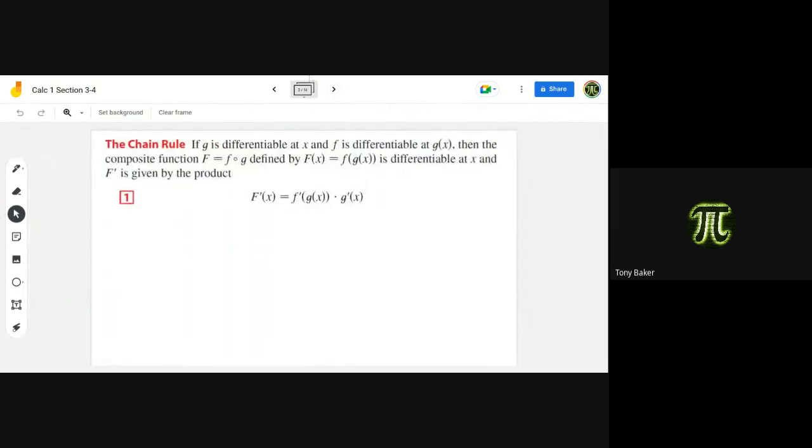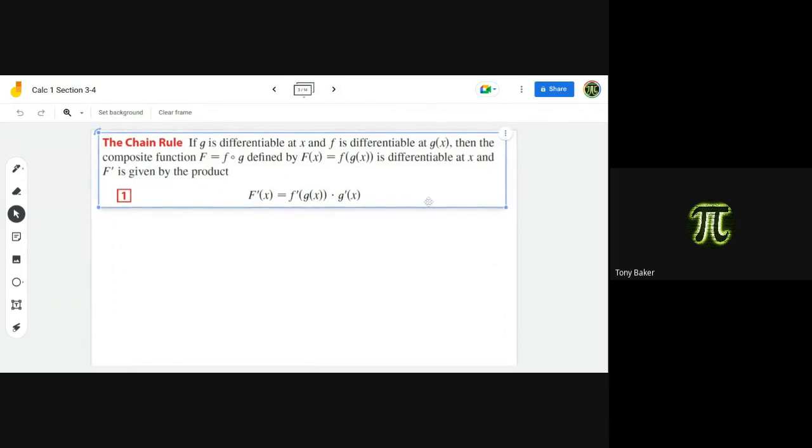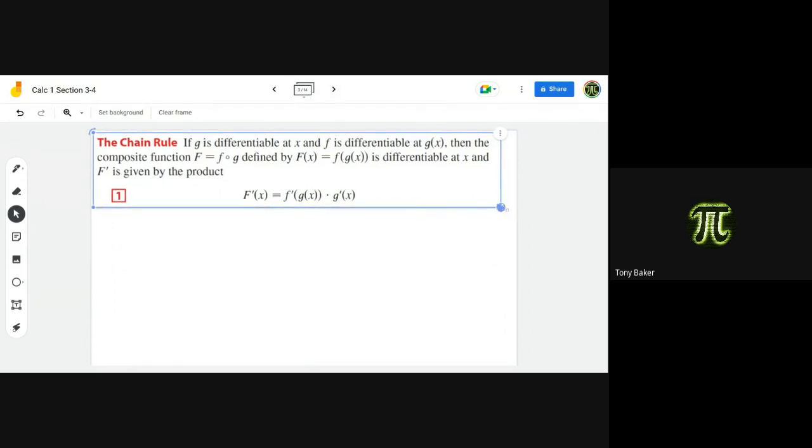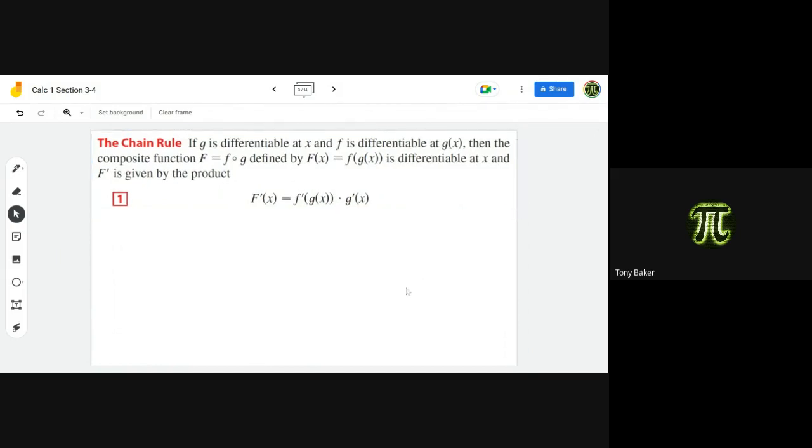So the chain rule basically states you take the derivative of the function on the inside, and then you're multiplying it by the derivative of the function if the inside didn't exist.